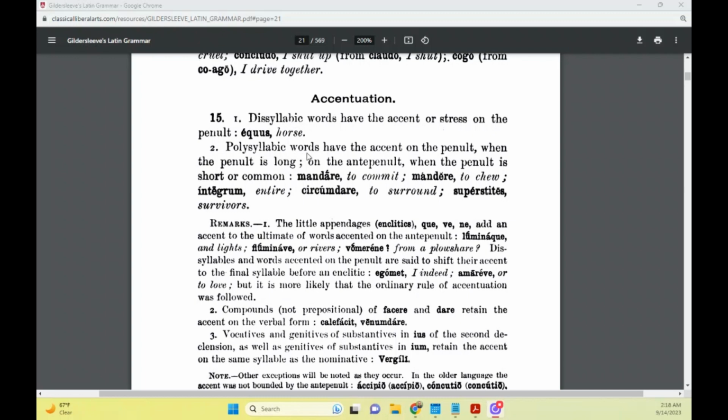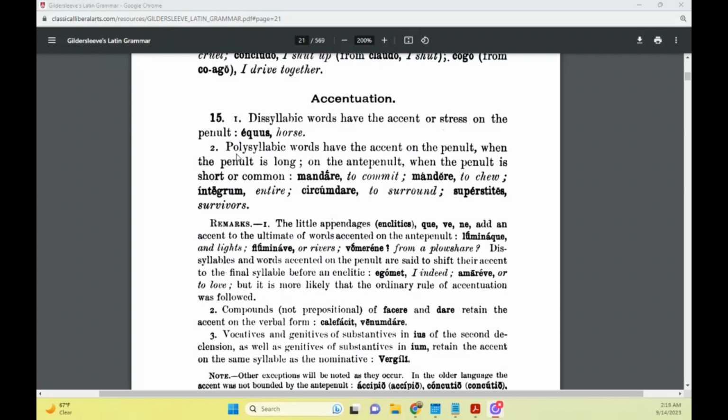Polysyllabic words, words with many syllables or more than two, have the accent on the penult when the penult is long, but on the antepenult when the penult is short or common. Common means it can be long or short.